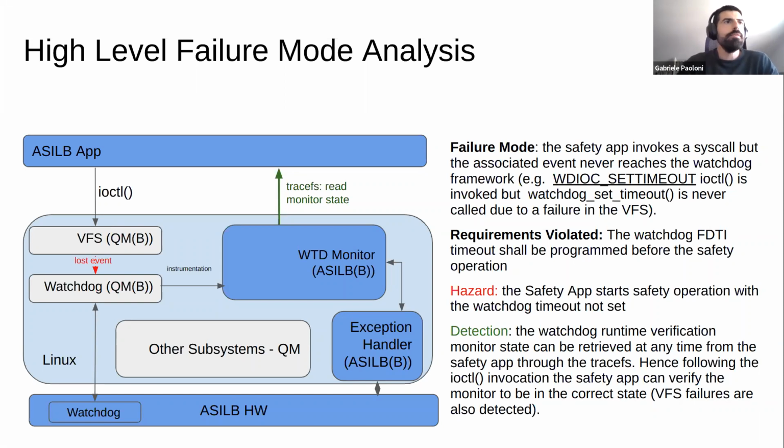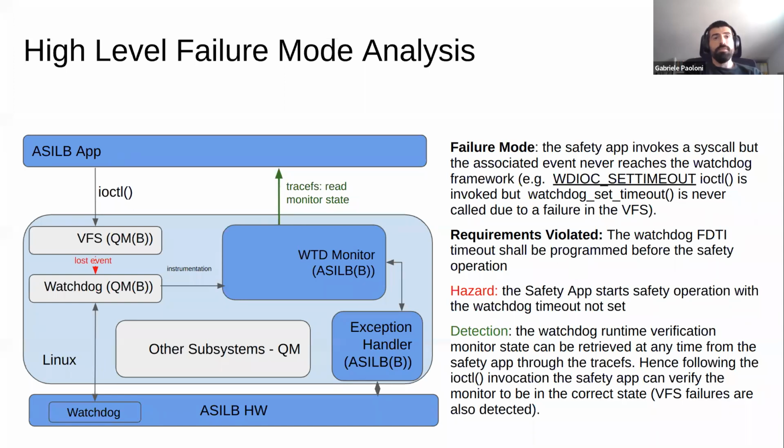Okay, good. So let's have a look at some of the failure modes. Here, the failure mode is that a safety application invokes the syscall to set the timeout, but for some reason, this event never reaches the Watchdog subsystem. The Watchdog FDTI timeout should be programmed before the safety operation.